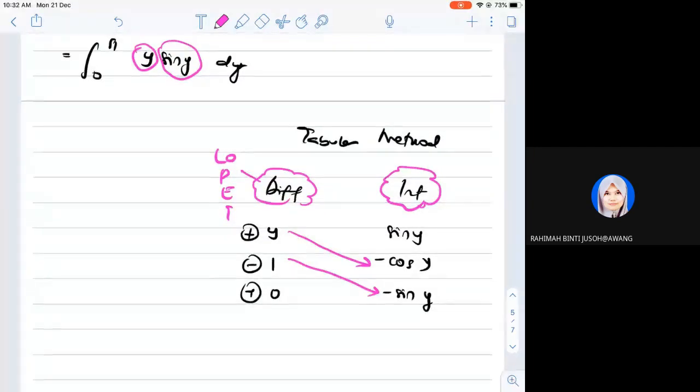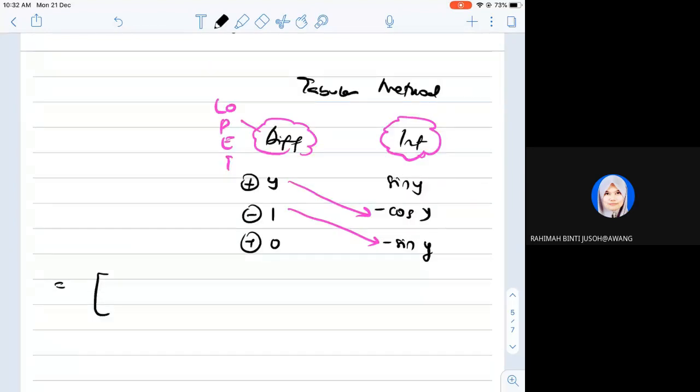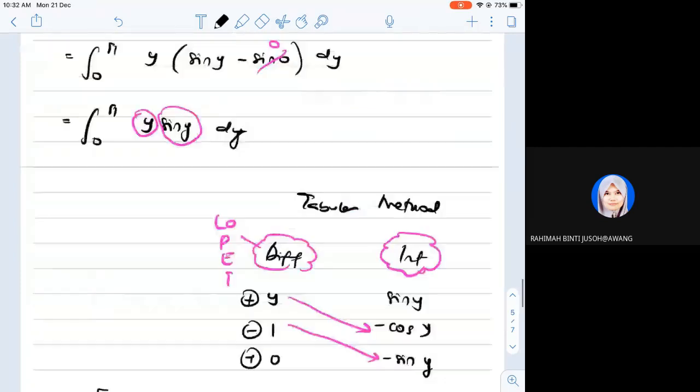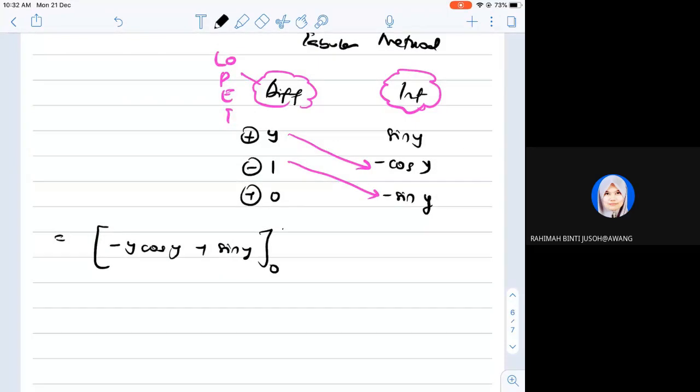Okay, so the answer for this integration equals to multiplying everything. So y multiplied by negative cos y, so negative y cos y. And then 1 multiplied by negative sine y, so we have plus sine y. And then just substitute with the limit 0 and pi.